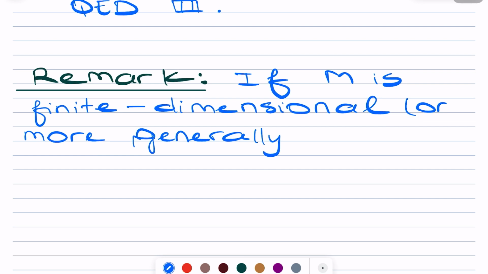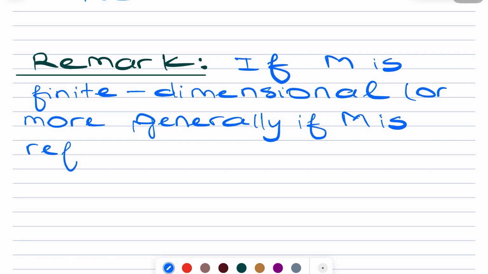But or marginally, if M is reflexive, but this is even weaker, this is an even weaker assumption.